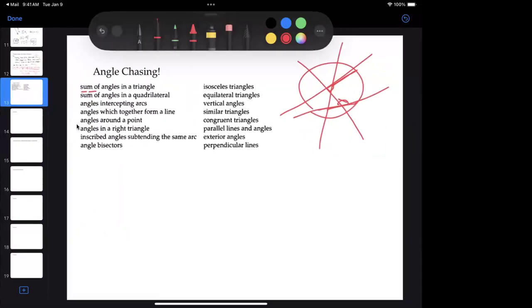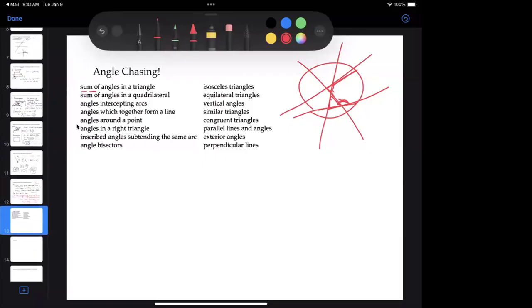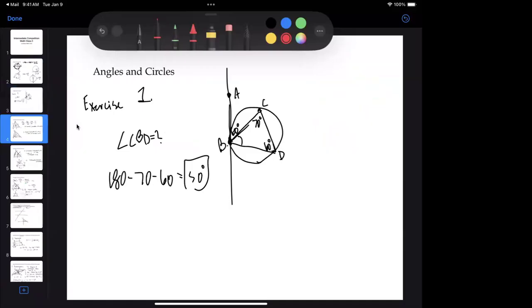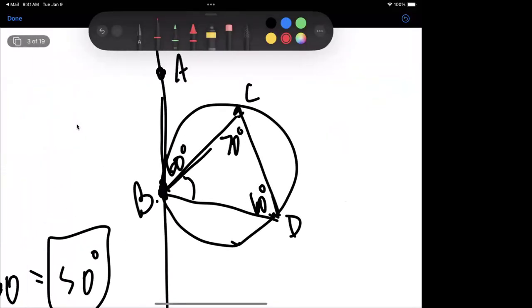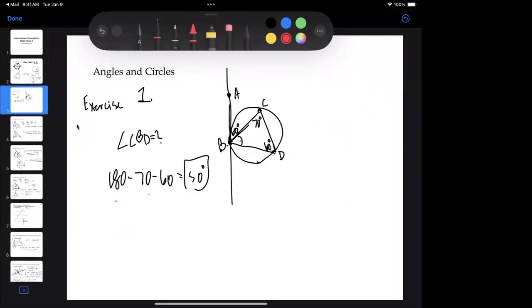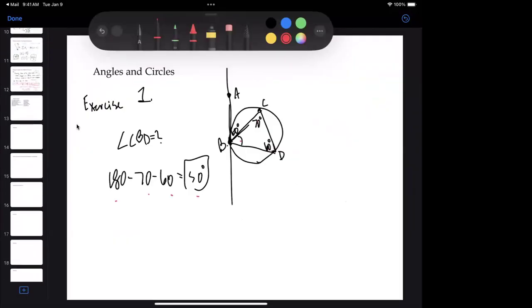So, sum of angles, triangle. Triangles are made, and you want to see what are equal. As we can see from the very first question, we were able to sum angles together, right? Because 70 plus 60 plus 50 equals 180.